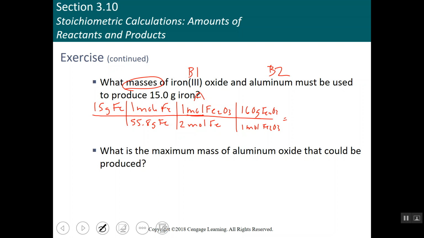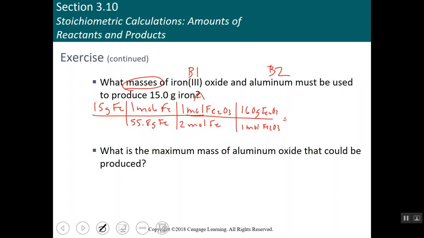Now the way I'm going to put this into my calculator, I'm going to take everything on top times each other, and then I'm going to take everything, divide it by everything on the bottom times each other. So on top I have 15 times 160. And then I'm going to use parentheses, divided by 55.8 times 2. And my calculator just died on me.